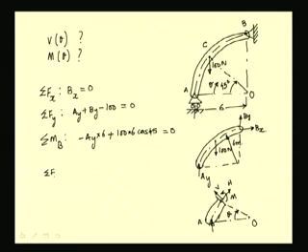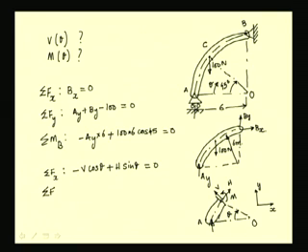If we sum the forces along the x direction, these are the positive x and y directions, we have the component of this shear force in the negative x direction, which is minus V cos theta, and we have the horizontal component of this axial force H, which is H sin theta, and this has to be 0.